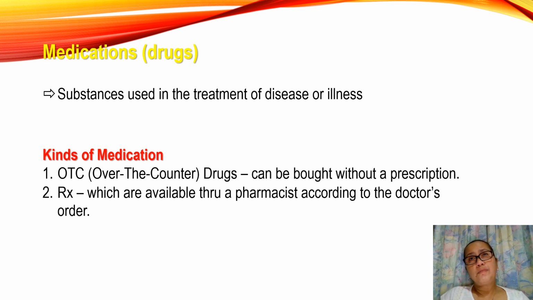But for example, your mga general, for general treatment, that is your calcium block, or for example, losartan, those are mga mild. You could still purchase that over the counter. But your Aldomet and all other potent drugs for hypertension, you cannot. Why? Because you need a doctor's prescription. Okay.